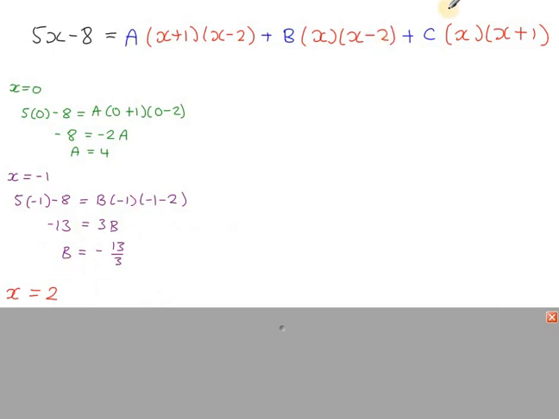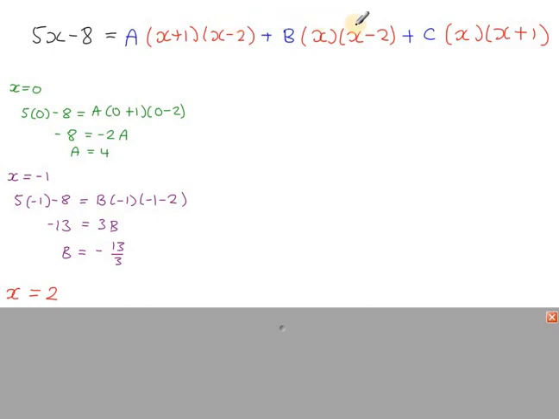And to work out C, well, we already know what A and B are. An alternative method at this point could be to try any value of x that you like, and the only unknown in that case would be C, and then you can work out what C is. But I'll stick to the method that we've used before. To eliminate A and B, we need to get rid of the x minus 2 from here.